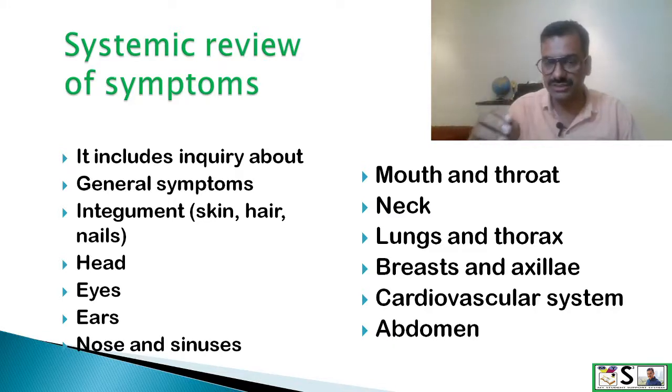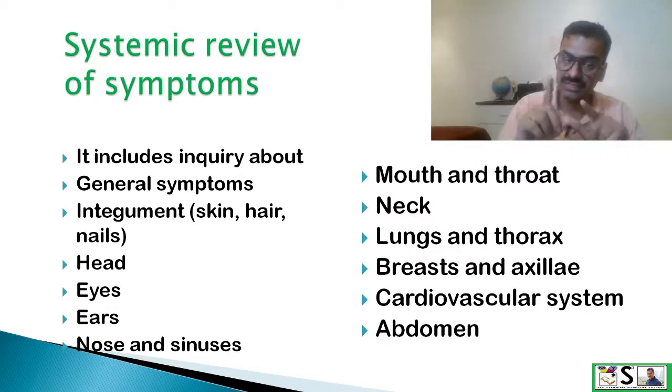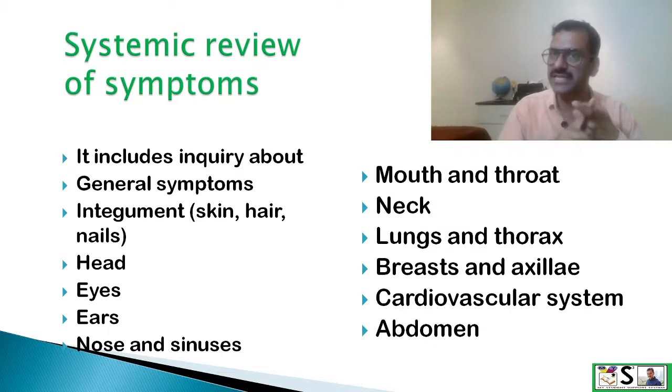We can ask the client whether you have any skin problem or hair problem. Then from head, do you have any headaches or any injury to the head and neck?